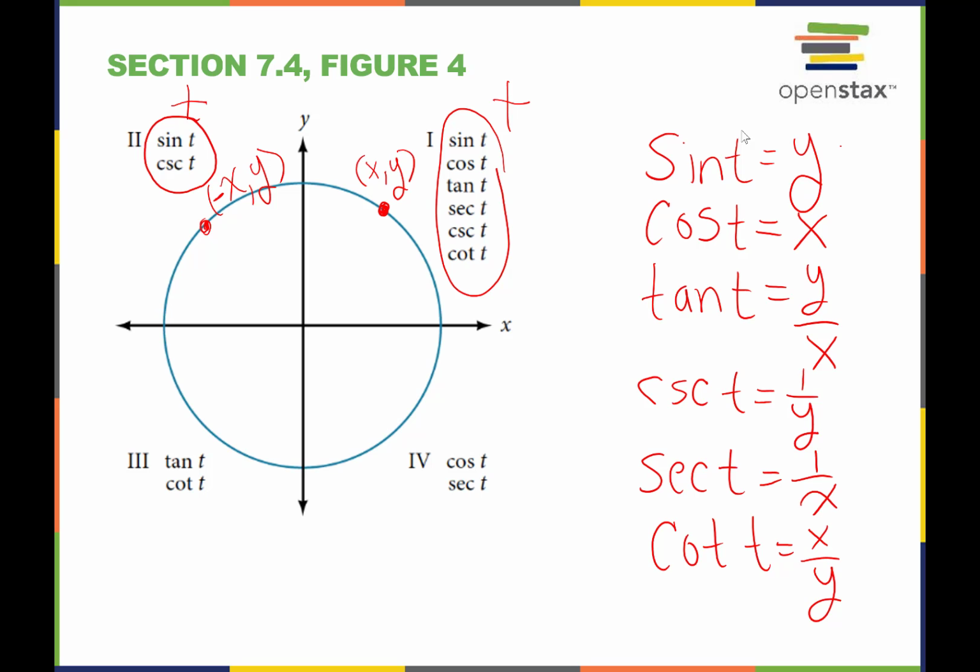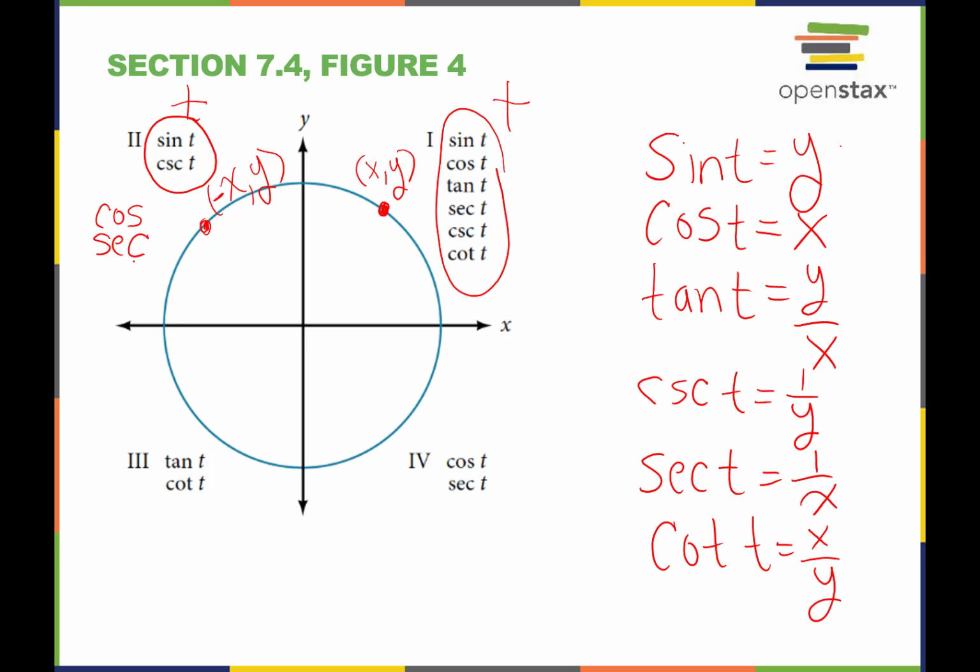So cosine of your angle is x, so cosine is going to be negative. Since secant is the reciprocal of cosine, 1 over a negative number is negative, so secant is going to be negative. Since tangent is y over x, we know y is positive and x is negative.